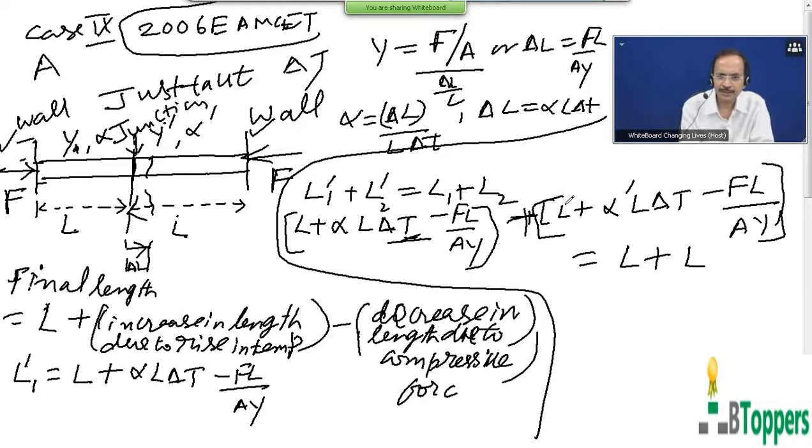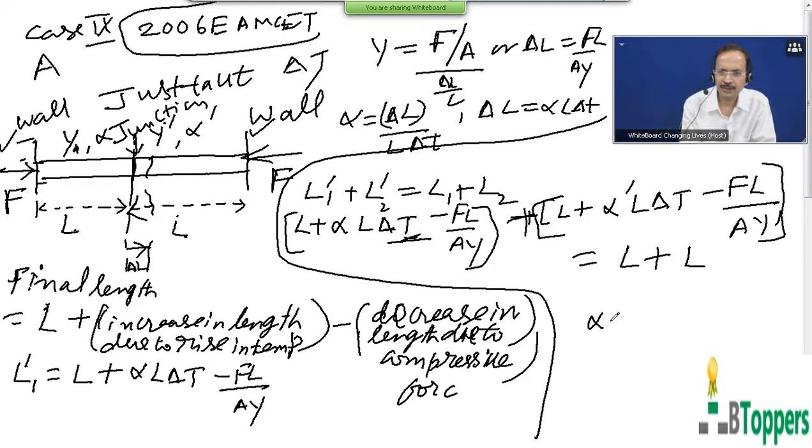So L plus L on the left side and L plus L on the right side get cancelled. So you can carry the terms containing the compressive force to the right side. Delta L is nothing but the magnitude of change in the length of the rods. You can write L1 dash minus L or L2 dash minus L. So you keep the terms containing alpha on one side and Young's modulus on the other side.